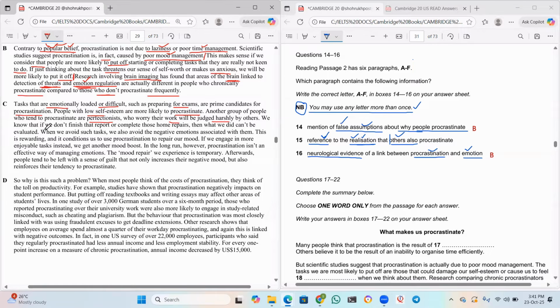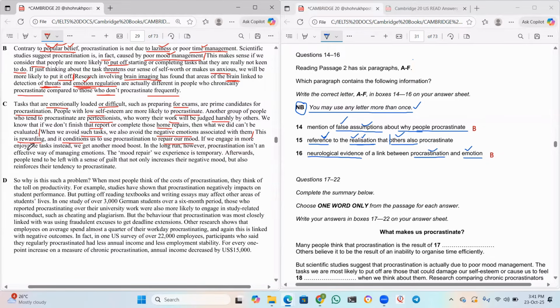We know that if we don't finish that report or complete those home repairs, then what we did can be evaluated. When we avoid such tasks, we also avoid negative emotions associated with them. This is rewarding and it conditions us to use procrastination to repair our mood.